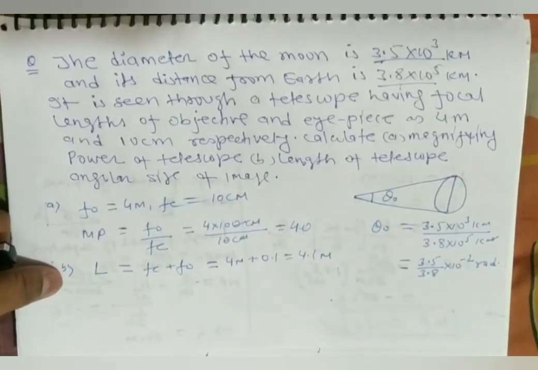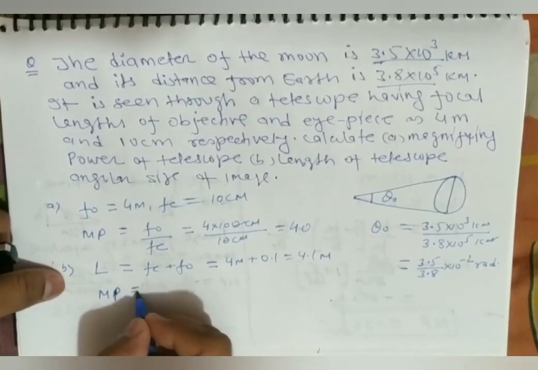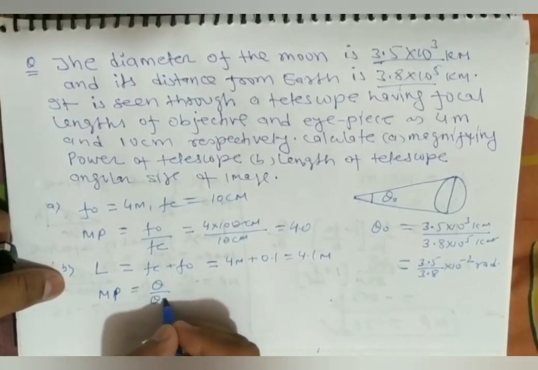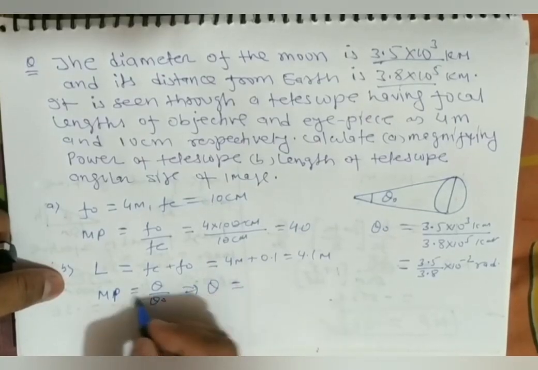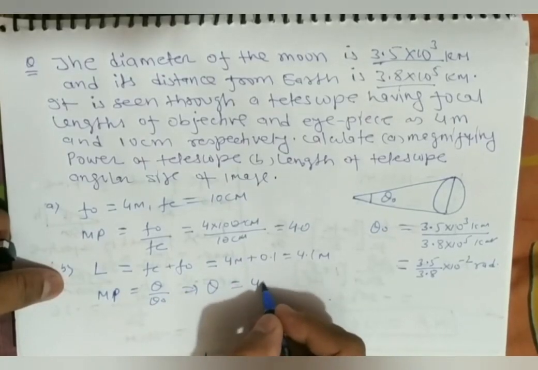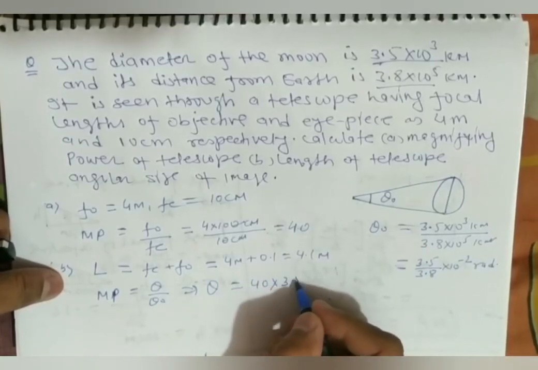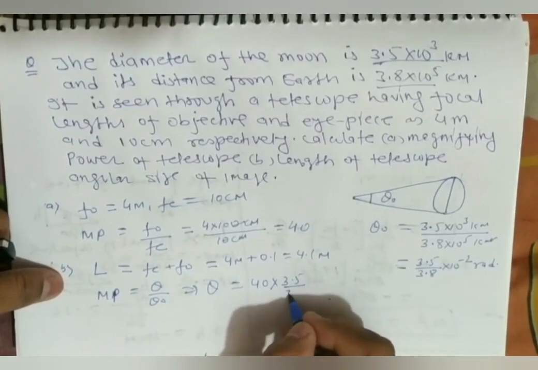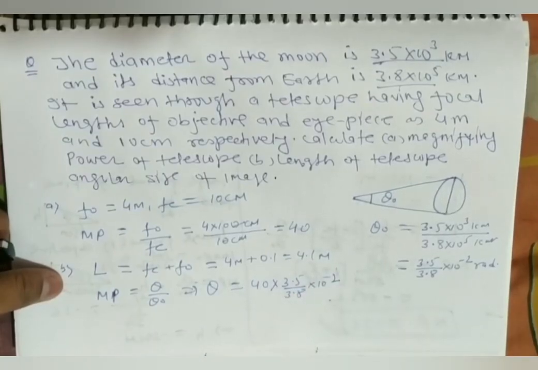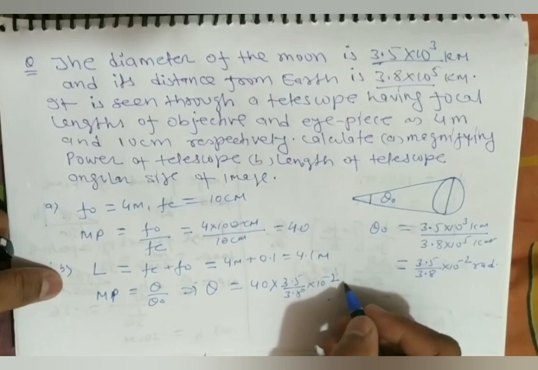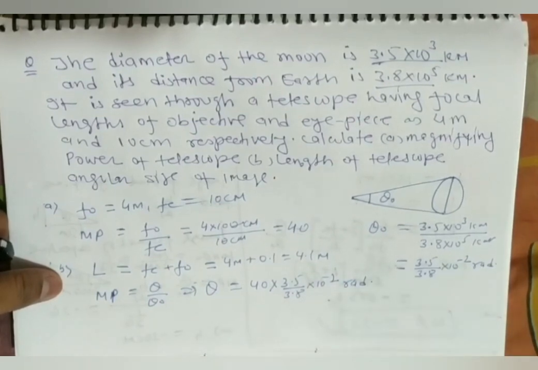Okay, now in third part, angular size of the image. Okay, we know that MP is theta upon theta naught. So theta will be MP into theta naught. MP is 40 and theta naught is 3.5 upon 3.8 into 10 to the power minus 2. Okay, it will be in radian.